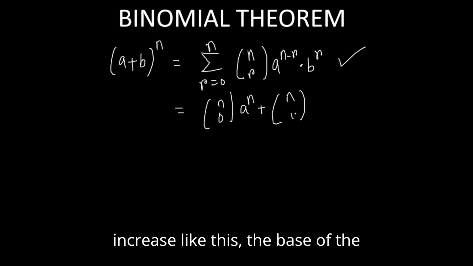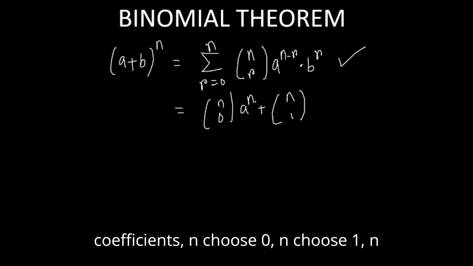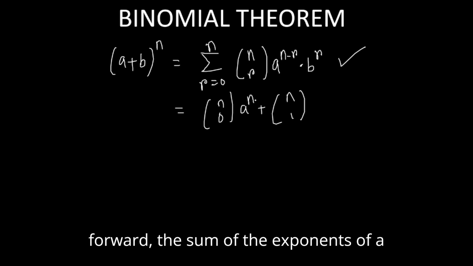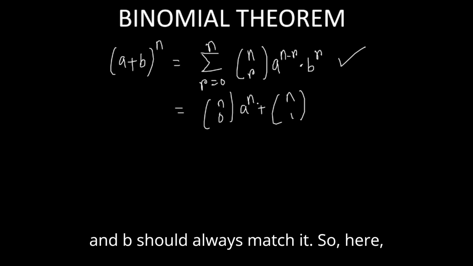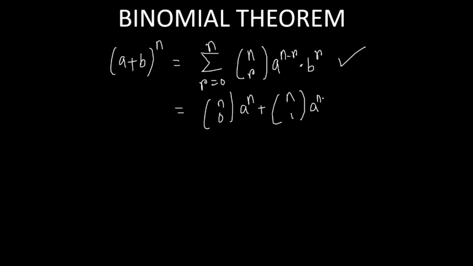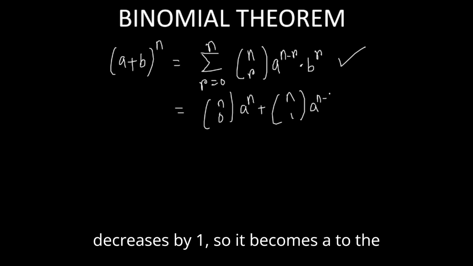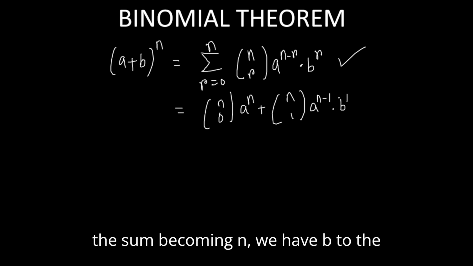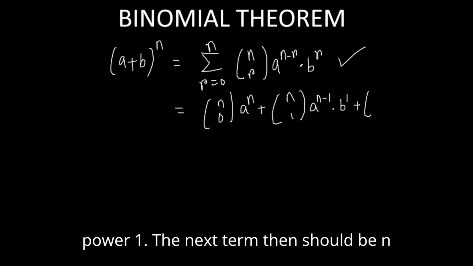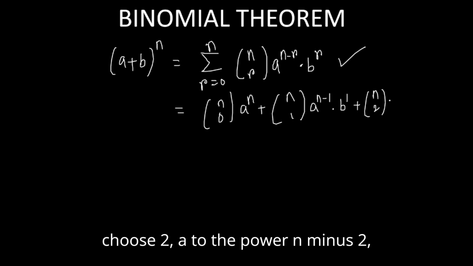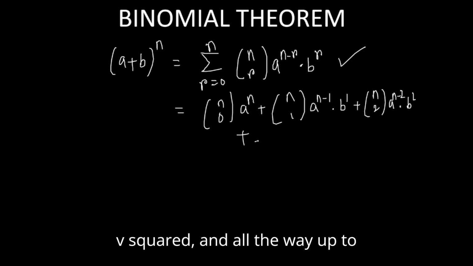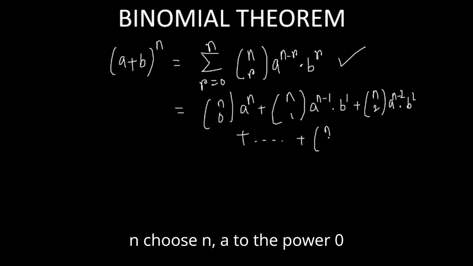So the coefficients increase like this, n choose 0, n choose 1, n choose 2, and so on. And once you go forward, the sum of the exponents of a and b should always match n. So here, the exponent of a, which is n, decreases by 1, so it becomes a to the power n minus 1. And similarly, to make the sum n, we have b to the power 1. The next term then should be n choose 2, a to the power n minus 2, b squared, and all the way up to n choose n, a to the power 0, and b to the power n.